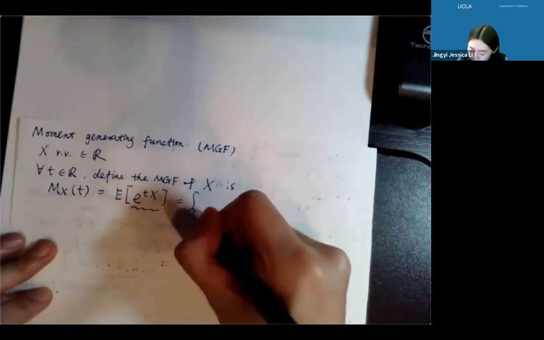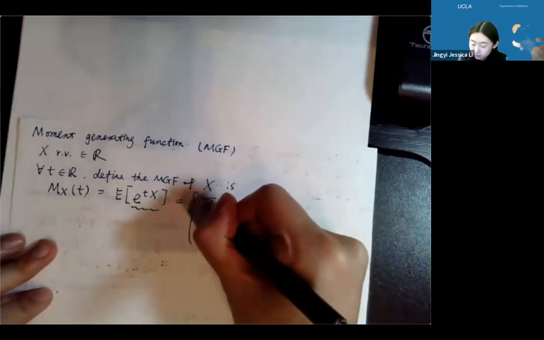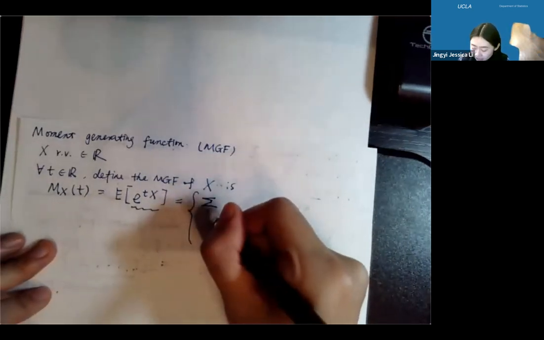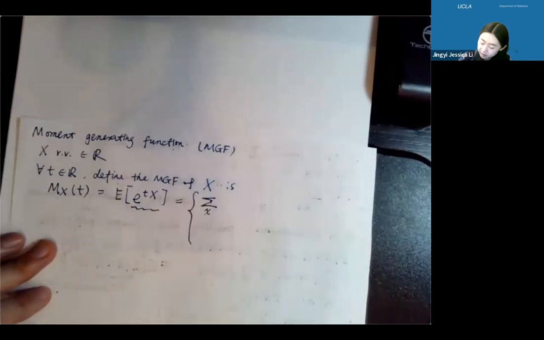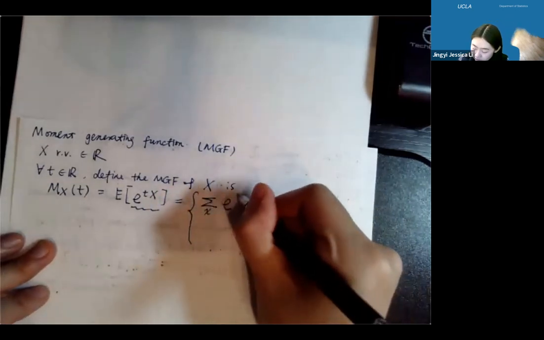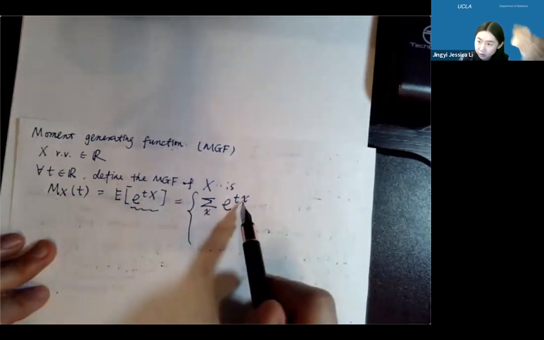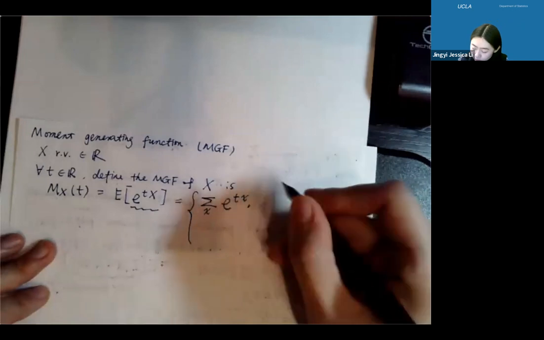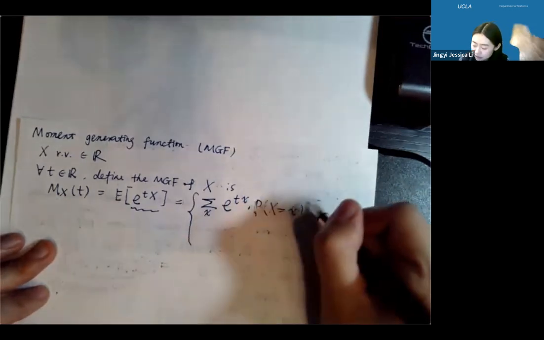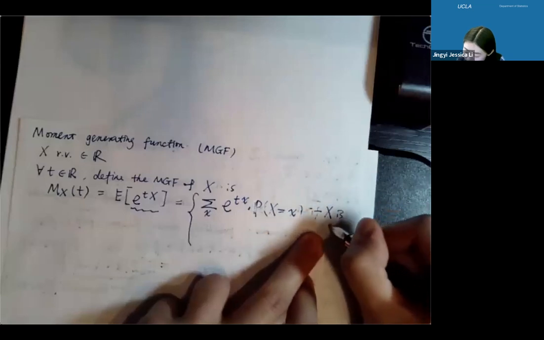Okay, so when x is discrete, again, we take the summation for all possible values x can take, small x, and I do exponential to the t small x. Now I'm basically realizing this random variable at a value small x times the corresponding probability. Okay, so this is the formula if x is discrete.